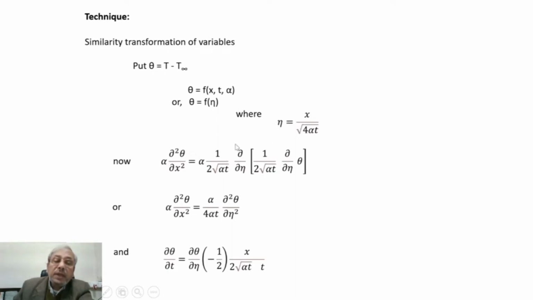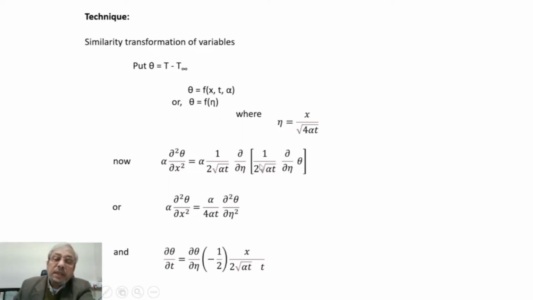So here we have written that twice. That means we have written del 2 del x2 operated over theta. So alpha, this is del x2 operated over theta, and instead of del x2 we have written this parameter 1 by 2 root alpha t, del eta.